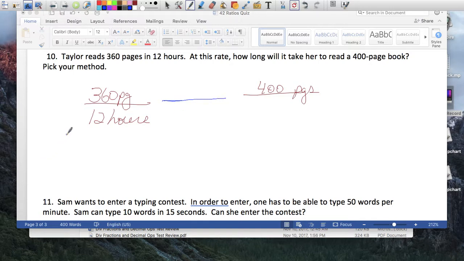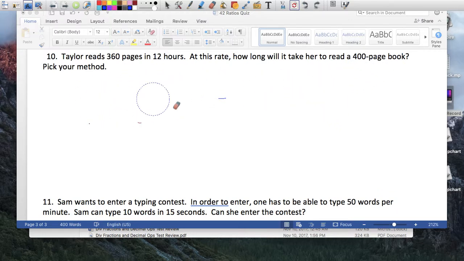So, you can just ignore my... Okay, you know what? Let me do this. First thing I forgot to do: the question says, how long will it take her to read a 400-page book?